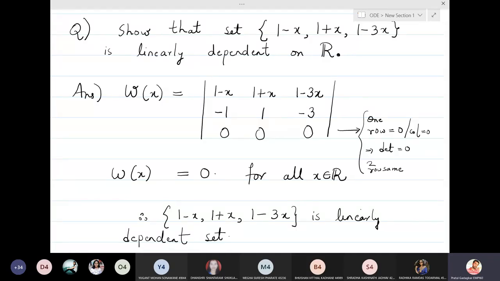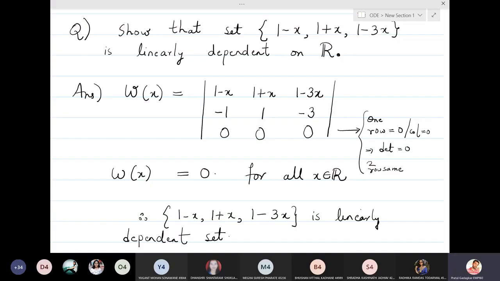Now one should always ask: if these three functions are linearly dependent, what should happen? It means that if I take some combination of two of them, I might be able to get the third one.